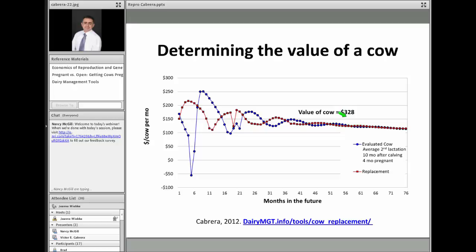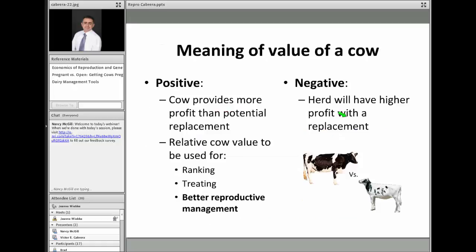So that's a crucial, important value that we want to keep in mind, and nowadays we can easily calculate it for every single cow on our herd. As I said before, positive, we keep the cow. Negative, we are better off replacing the cow with a fresh heifer, okay?